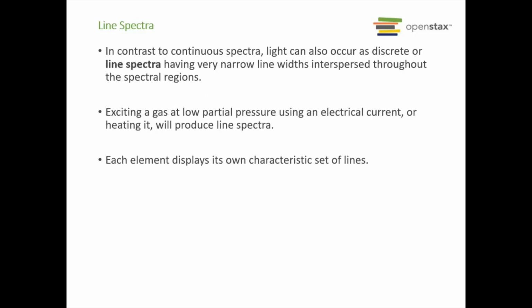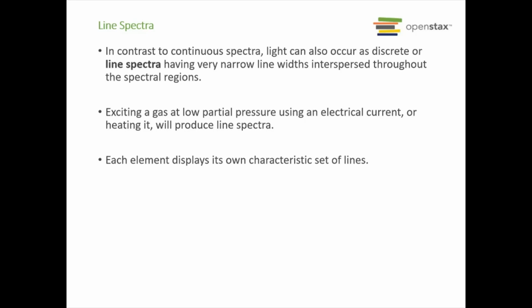But instead of a continuous spectra, we can also see discrete or line spectra where you have these very narrow line widths in a spectral region. And this is what happens for things like atoms. So if you, again, heat a gas, for instance, at a low pressure with an electric current, you produce a line spectra.